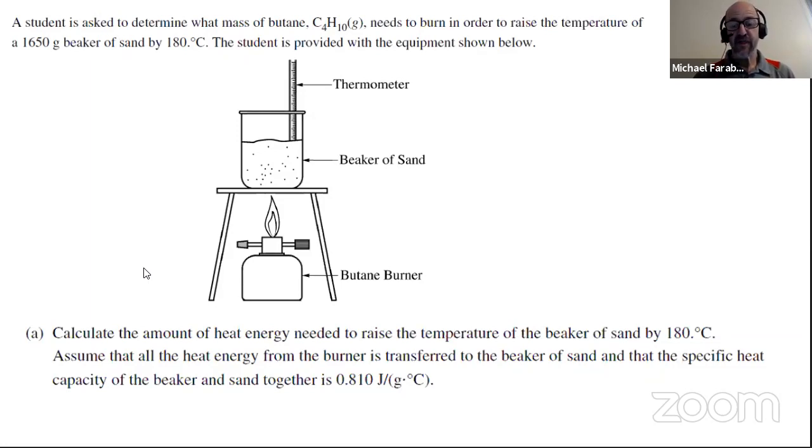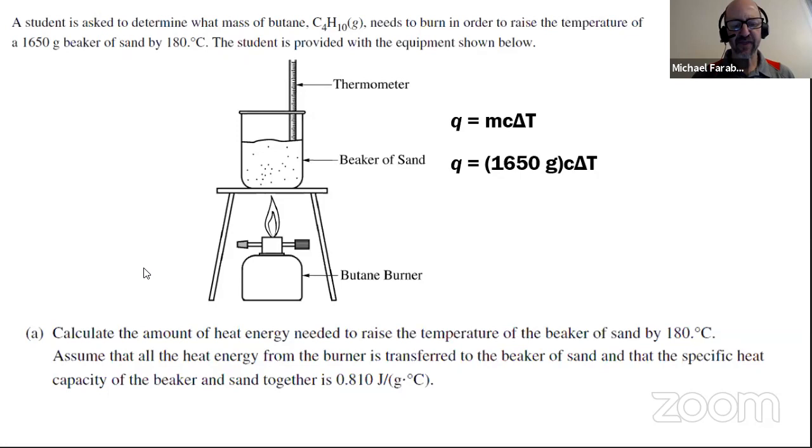We're going to use the equation for calorimetry, which I think you are familiar with, but if not, I'll go ahead and give it to you. Q, which is our heat, equals mcΔT, where m is the mass of the object that is being heated, c is the specific heat capacity of that object, and ΔT is the change in temperature. So we are given a 1,650 gram beaker of sand.